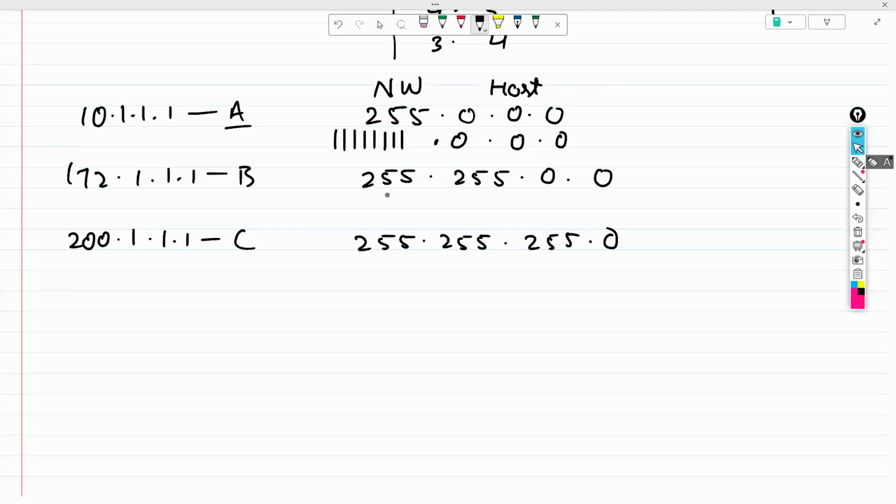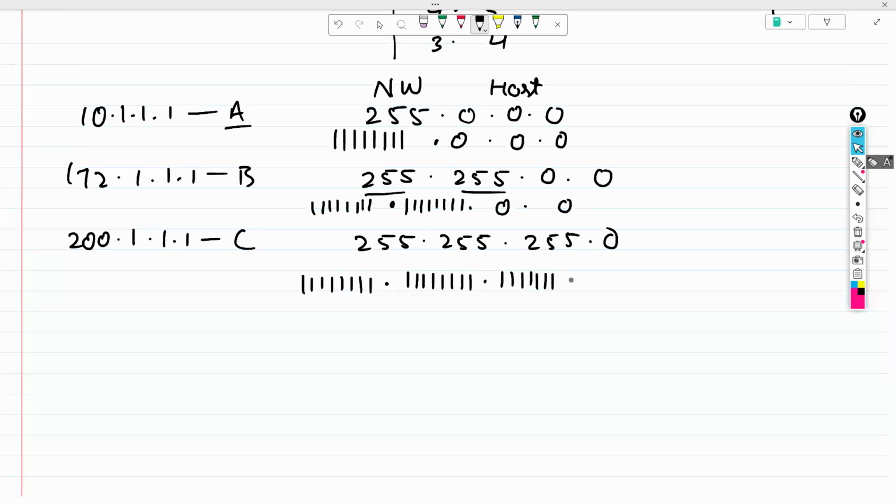In class B, you will have 8 bits of ones in the first octet and in the second octet, then 0, 0. Similarly, for class C, you will have 8 bits of ones in each of the first three octets, then 0.